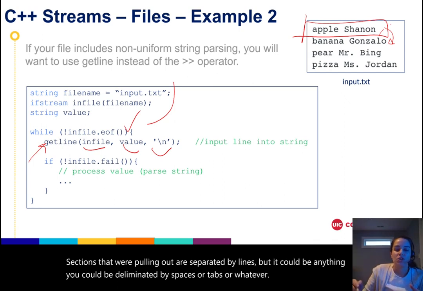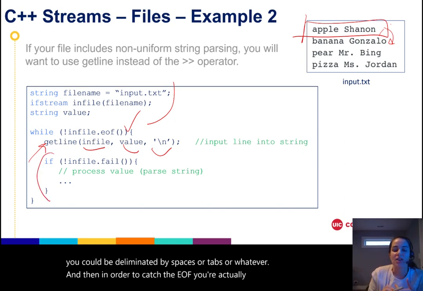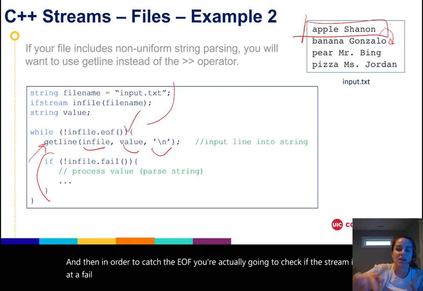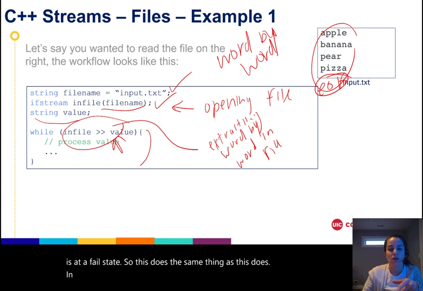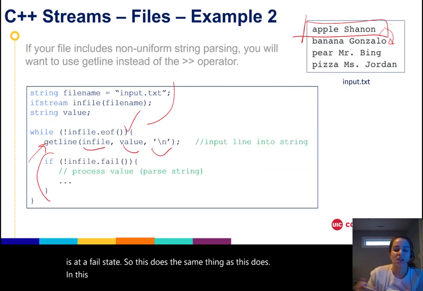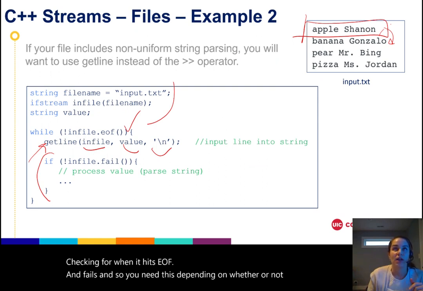And then in order to catch the end of file, you're going to check if the stream is at a fail state. This does the same thing as the other format. It's basically checking for when it hits end of file and fails. You need this depending on whether or not the file has a new line at the bottom.